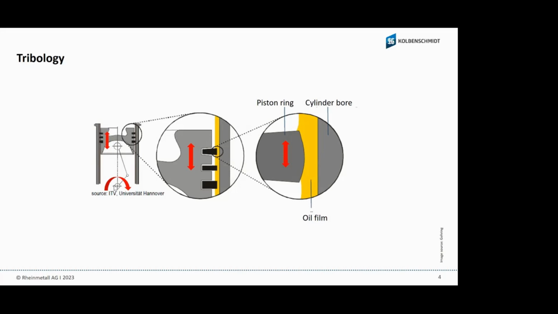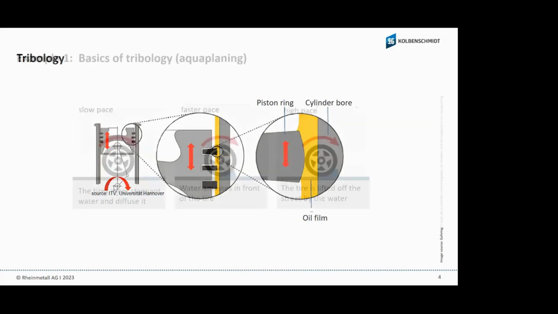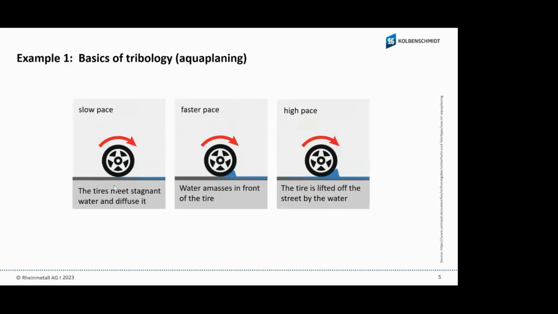When this oil is missing, we have direct contact between the cylinder bore and the piston ring, and then we have a lot of wear. This is why we need the oil in between, for the tribology.